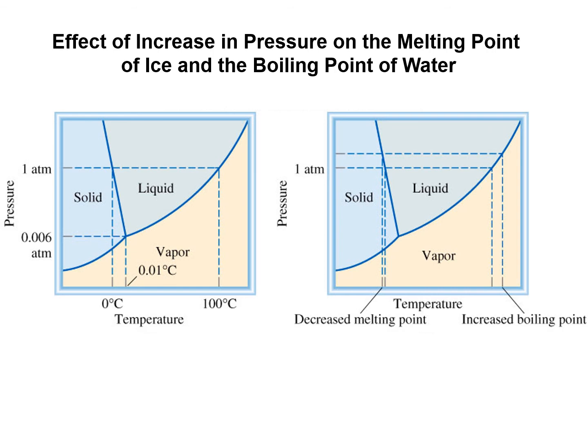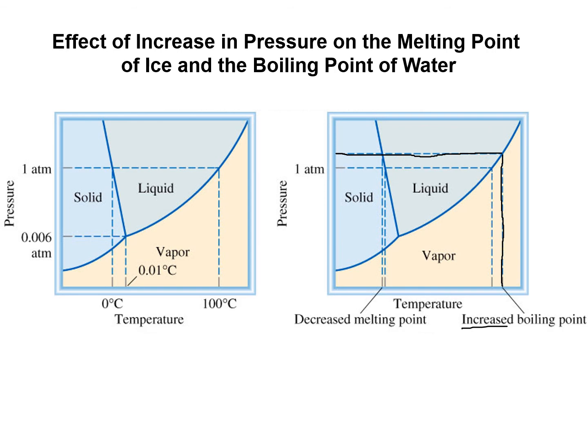So what happens if we increase the pressure above 1 atmosphere? Okay. So here, all we're going to do is determine the boiling point, draw a line over to the equilibrium line between liquid and vapor and down to the x-axis. And that will give us the new boiling point, which is increased.